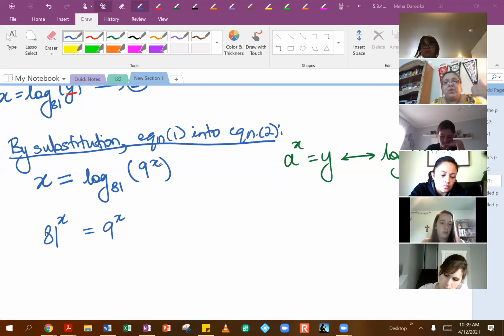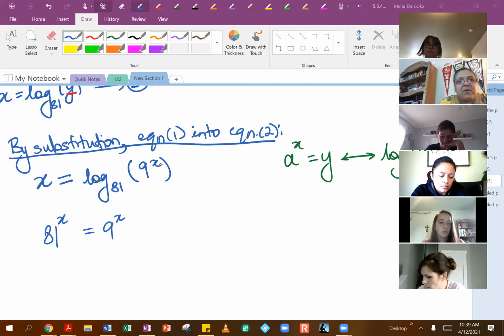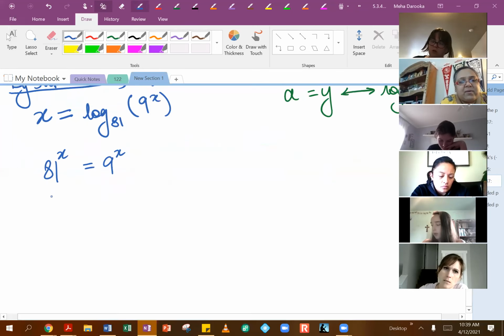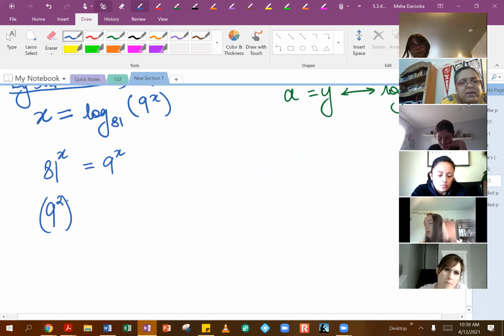Now we can rewrite our 81 as 9 squared, because now you will see how easy it becomes for us to break this down. So let's go ahead and write that 81 as 9 squared.